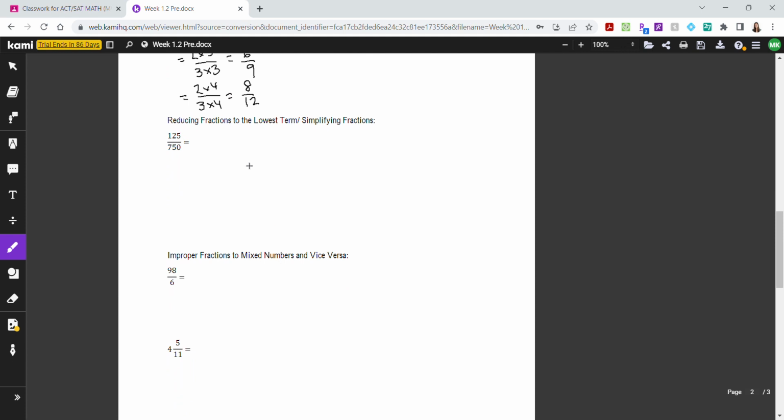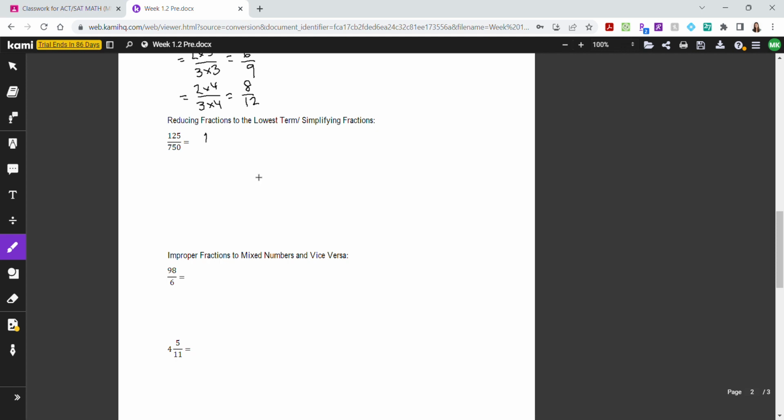Now, for reducing fractions to the lowest terms, or essentially simplifying fractions, it will be the opposite of doing equivalent fractions. So what you want to do is find their greatest common factor. You could either just slowly do it multiple times, or you could straight away find their greatest common factor, right?